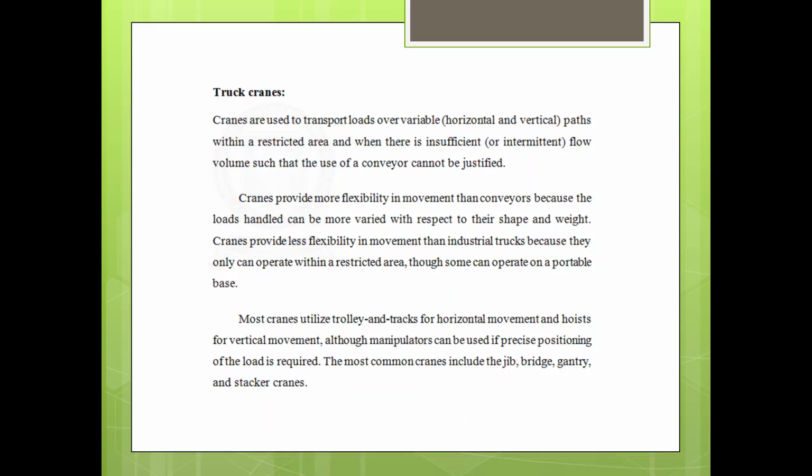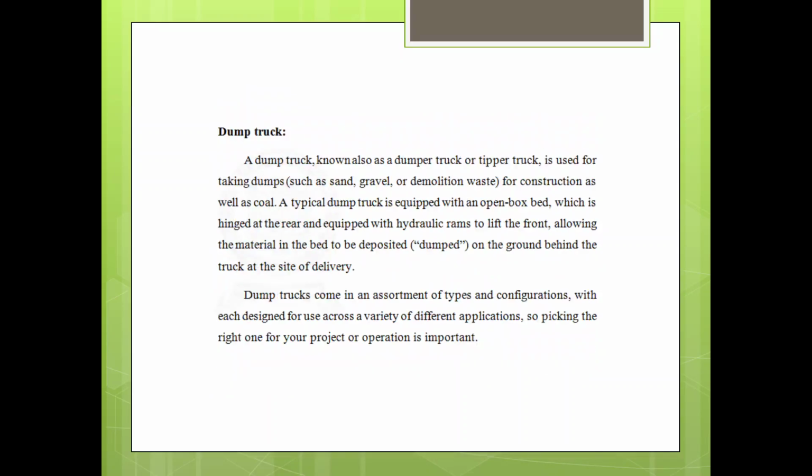Cranes provide less flexibility in movements than industrial trucks because they can only operate within a restricted area. Though some can operate on a portable base, most cranes utilize trolleys and trucks for the horizontal movements and hoists for the vertical movements. Although manipulators, the most common cranes include the jib, bridge, gantry, and straddle cranes.